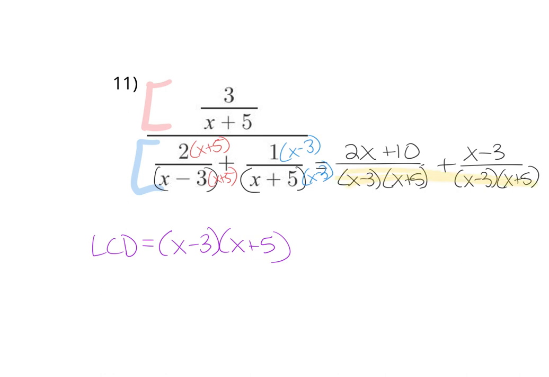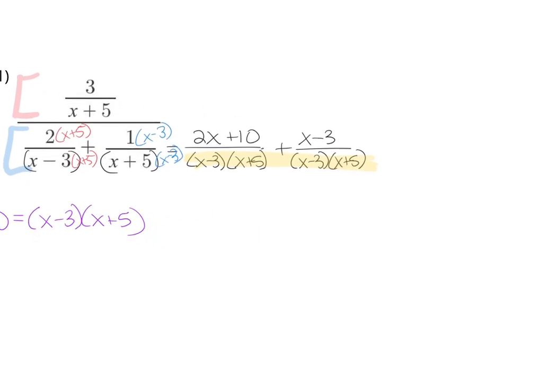So these guys are all the same now. So now I'm allowed to add the numerators. We have 2x plus 10 plus x minus 3, so that's 3x plus 7. And the denominator is still that x minus 3, x plus 5. Now that guy is fully simplified, okay?